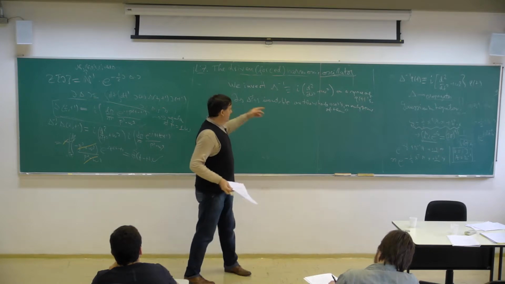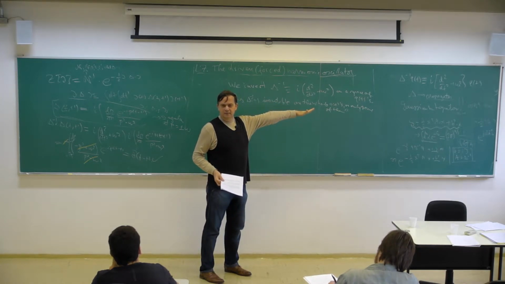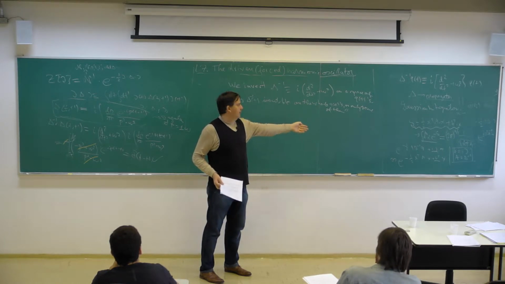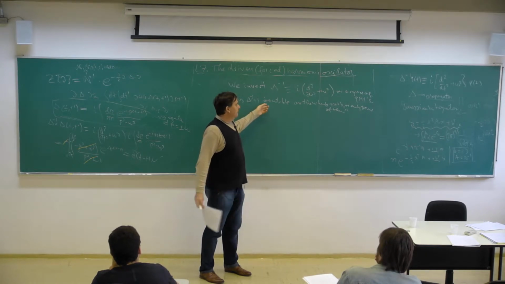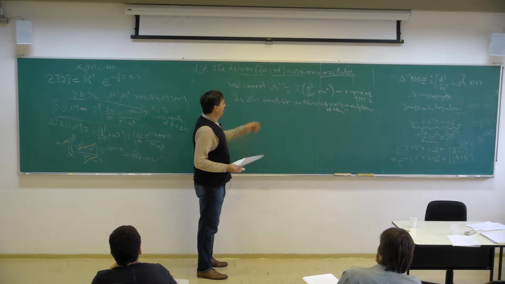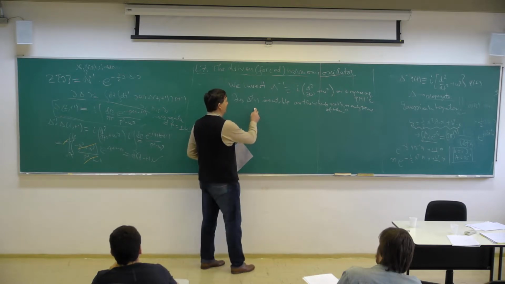Now, is this invertible on the whole space of q of t's? How would you decide if an operator is invertible over the whole space of functions or over some domain? Well, when is it not invertible? Zero is not invertible. So that's the only question.